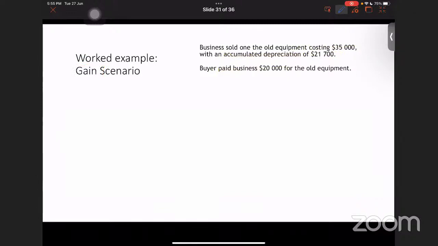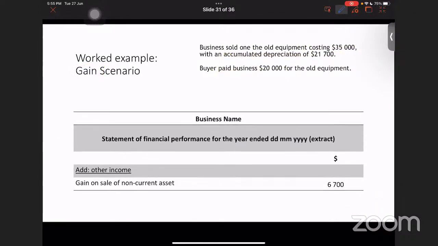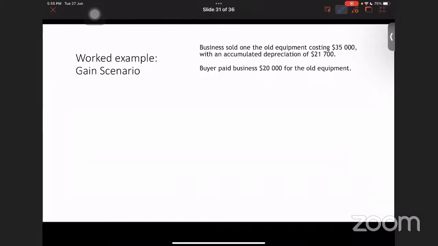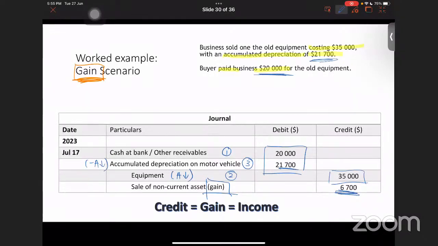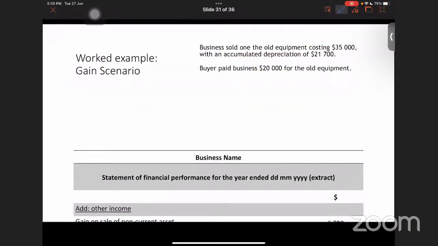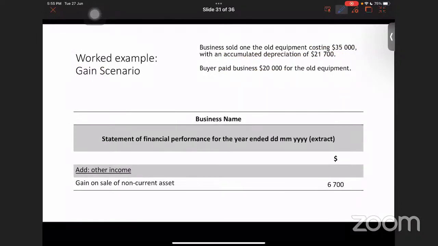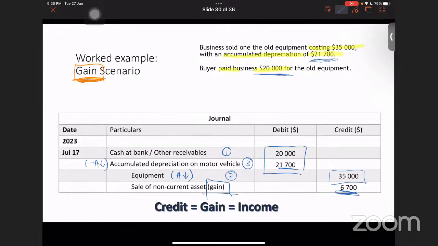Okay, so here let's look at the FS extract. Like I said just now, it is a gain. So normally credit is an income, is a gain. So I will just put this as other income in my statement of financial performance. So gain of how much? This one, 6,700.